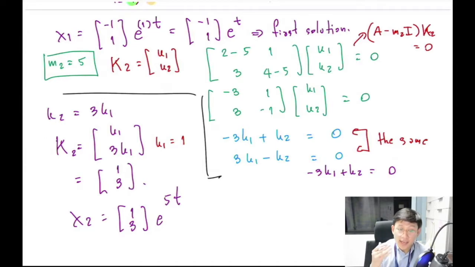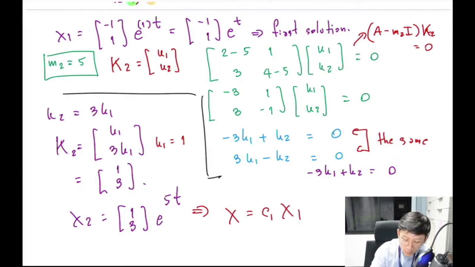Right, because x2 would be k2 e to the m2t. It means that our solution x is c1x1 plus c2x2.